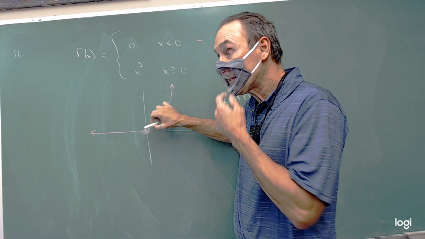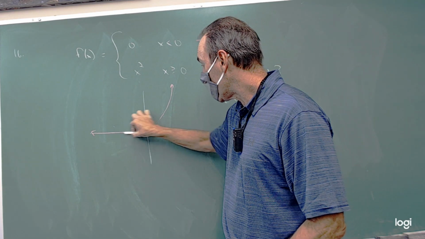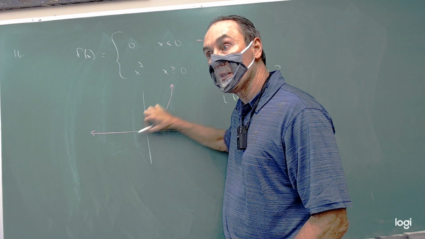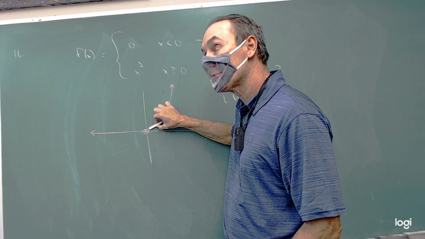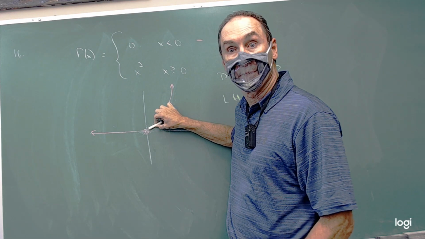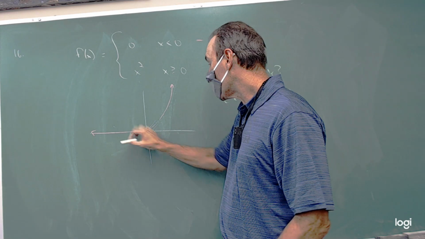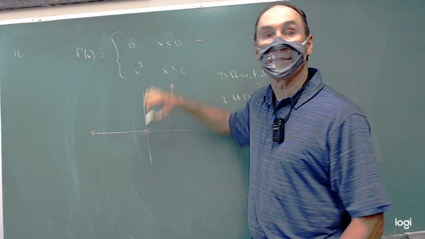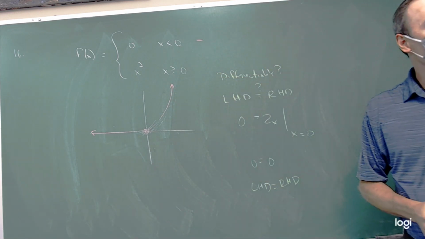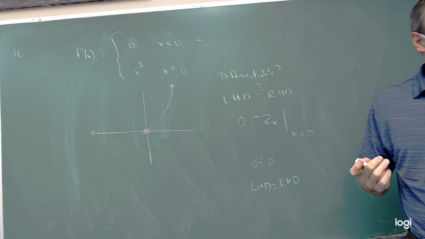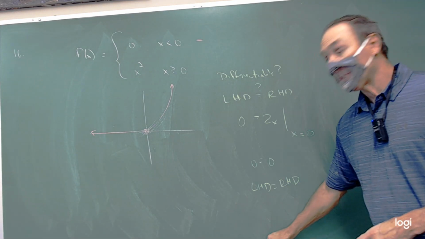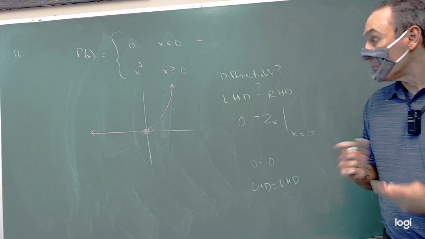That is not a corner point where you come in with one slope and then from the other side come in with a different slope. So it is not a corner point, it is in fact differentiable the way that connects, which is kind of cool, kind of interesting.